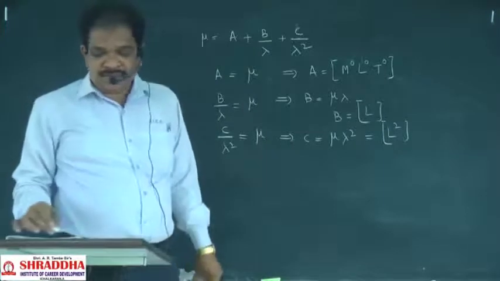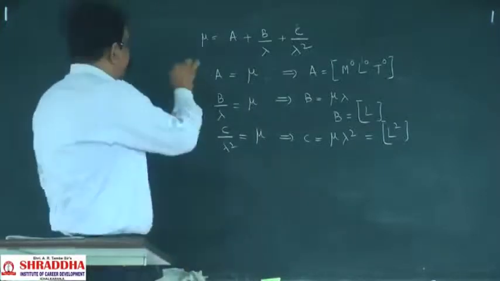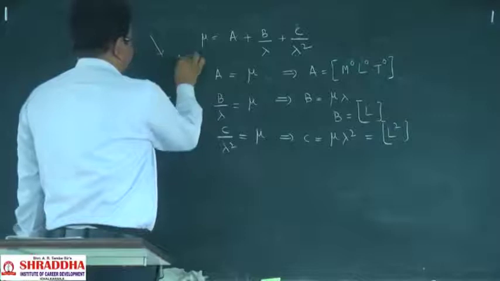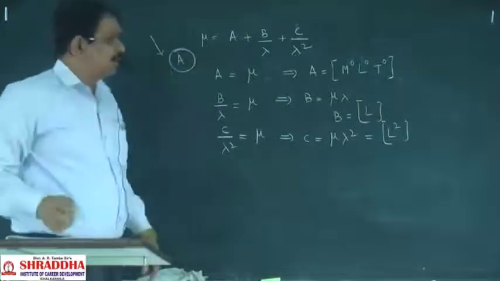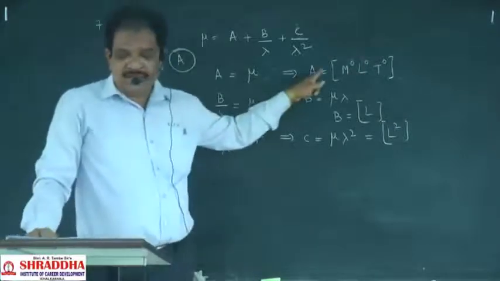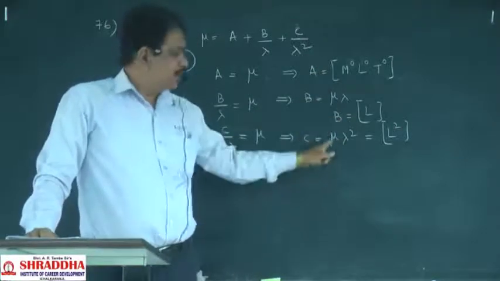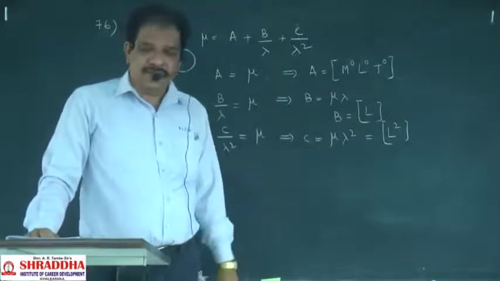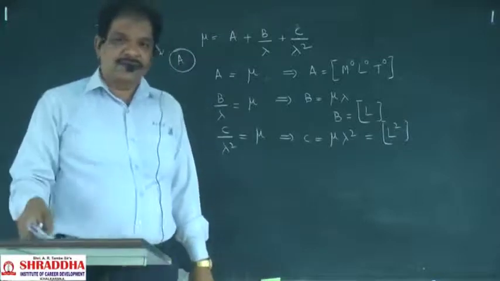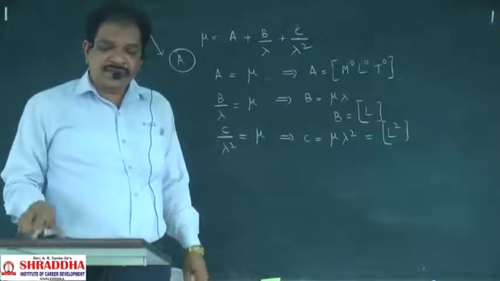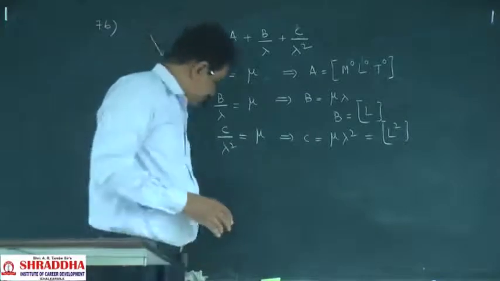So 76 it will be option A. A has no dimensions, B dimensions will be L, C dimensions will be L square. Clear understanding? Next, question number 77.